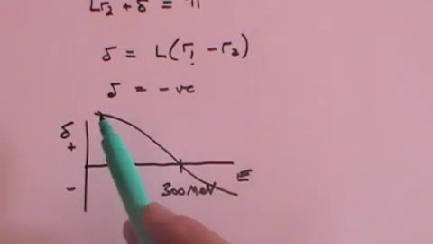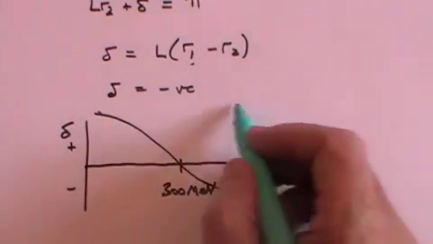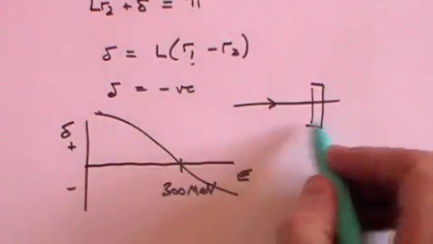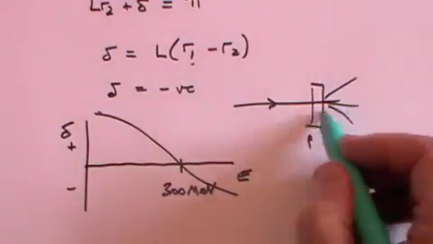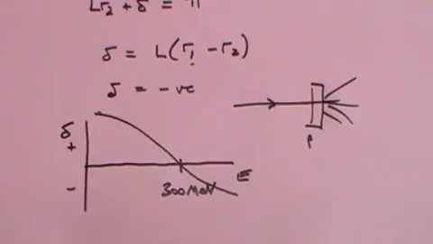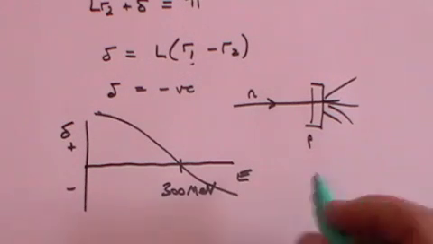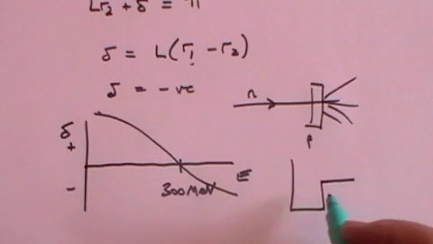Well, the explanation is that at low energies, remember, these are neutrons bumping into protons in a target and scattering. At low energies, the neutrons experience the attractive nuclear potential that we talked about when we drew the square well that looked like that.